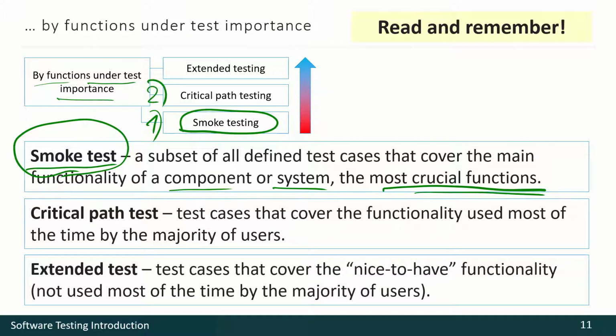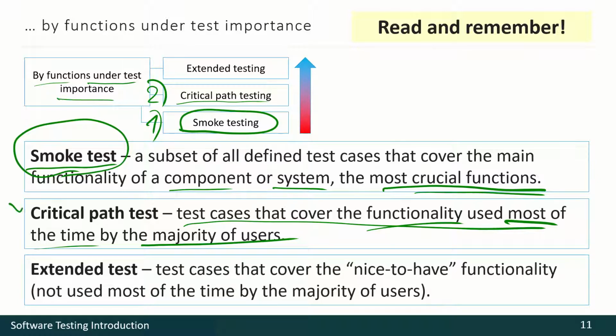The second level is the critical path test. This test covers functionality used by most users in their everyday life. Speaking about the same example of the mobile phone, for instance, this is some scheduler, some morning alarms, a notebook, an address book, and so on.